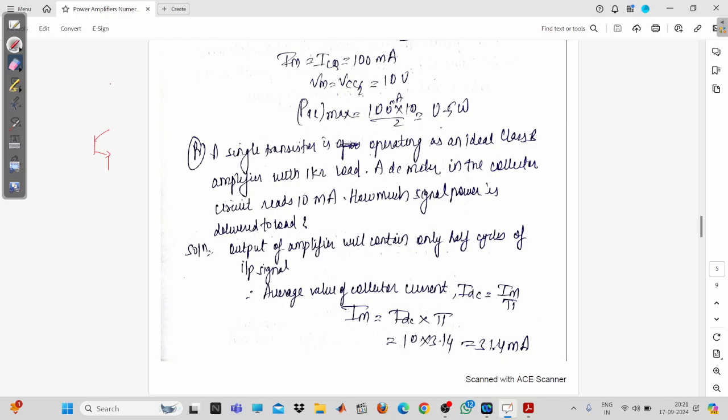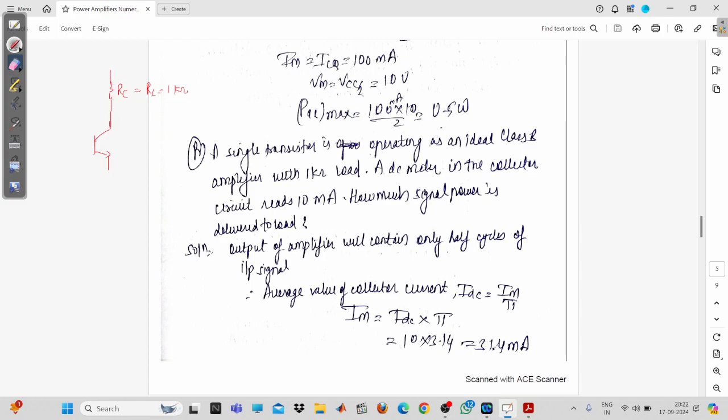Now you can see here, this is the resistance RC, or you can call it RL, that is the 1 kilo ohm given to you. Normally you put the collector resistance, or the load resistance, at the collector terminal. We are using the NPN transistor.